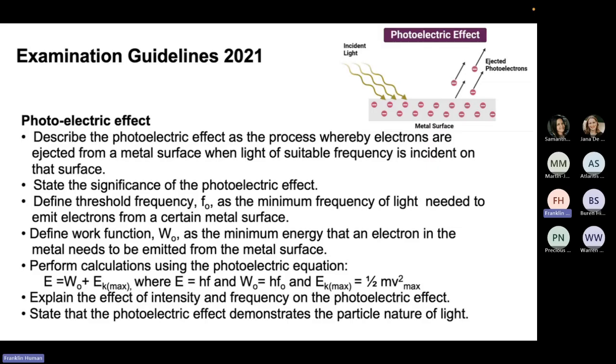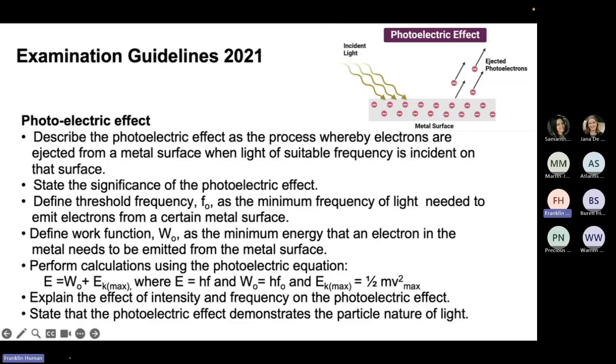And then perform calculations using the photoelectric equation. And this equation can be given as E, which is the energy of the photon, is equal to the work function plus the maximum kinetic energy, where E, the energy of the photon, is equal to hf.